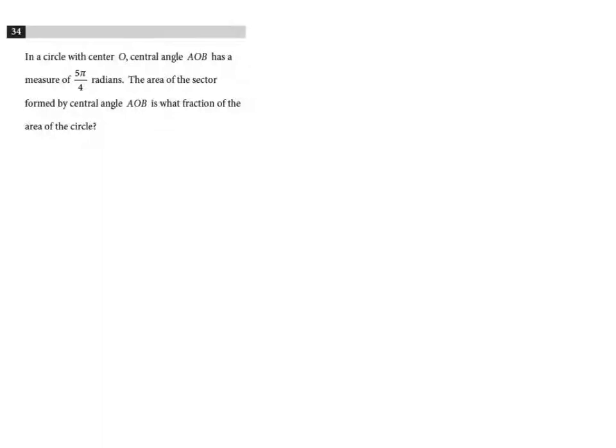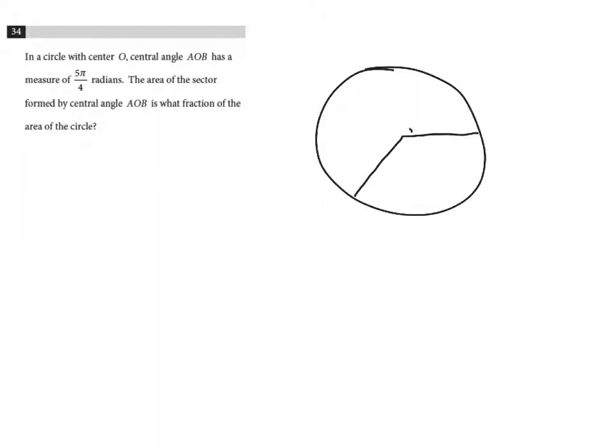Okay, so for this, we have a circle. We have 5 pi on 4, so that's going to be something like this, that angle right there, 5 pi on 4. And we want to know what fraction of the whole circle is this.